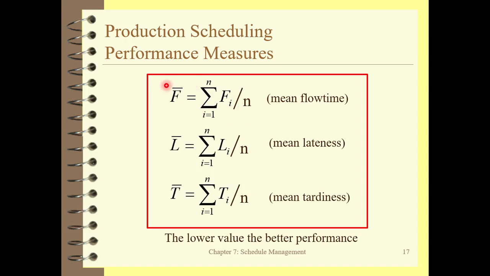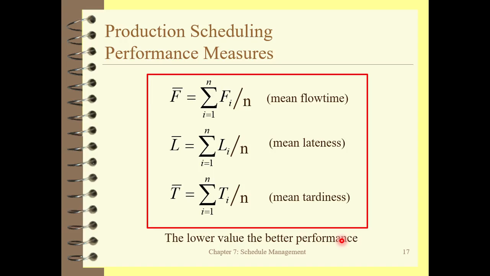For instance, suppose you would like to find the average flow time or mean flow time, that is a summation of Fi divided by N. Mean lateness is summation of Li divided by N, and mean tardiness is summation of Ti divided by N. The lower the value, the better the performance, right? Select the lowest one always. That is the best one.